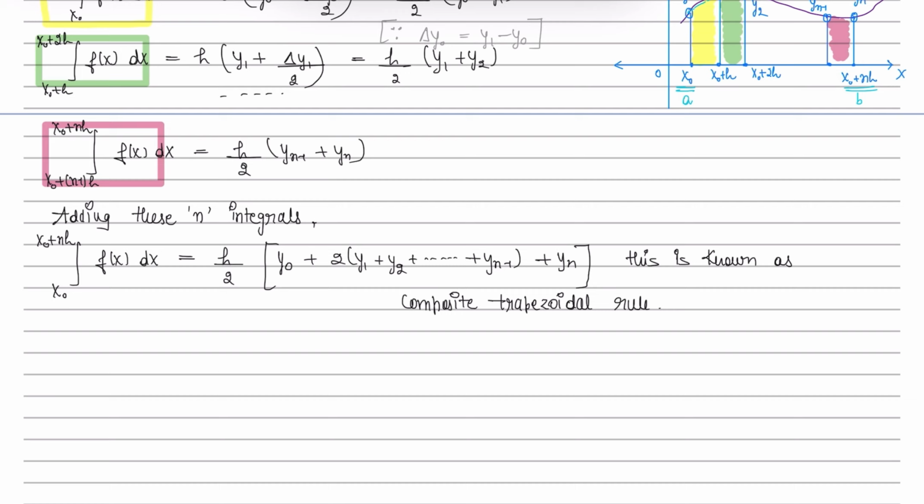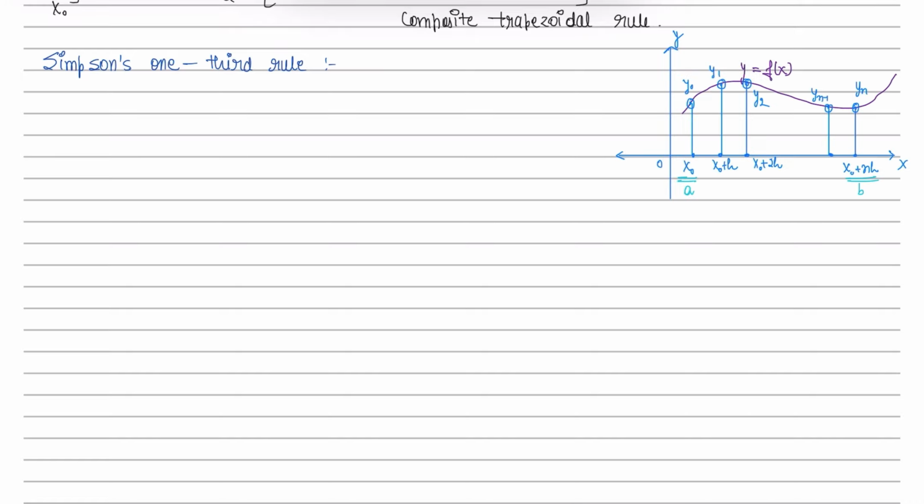Till now, I hope the trapezoidal rule is clear to you. Now we will move to Simpson's 1/3 rule. In trapezoidal, we had put n equal to 1, but in Simpson's 1/3 rule we will put n equal to 2 in equation star. In trapezoidal we considered only one strip at a time, but in Simpson's 1/3 rule we will consider two strips at a time.